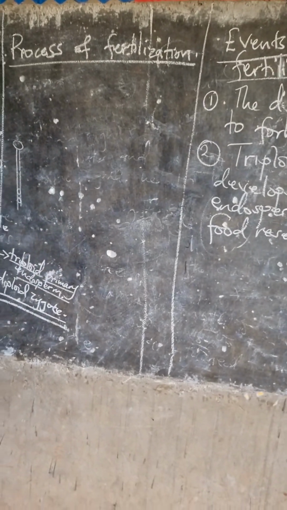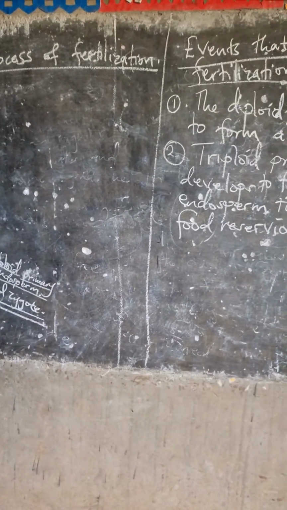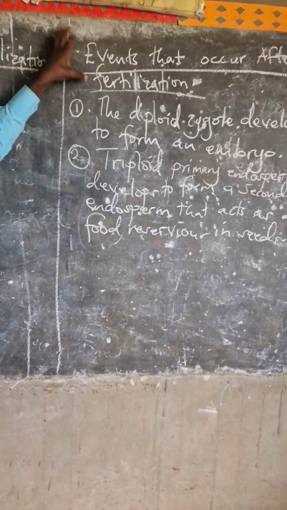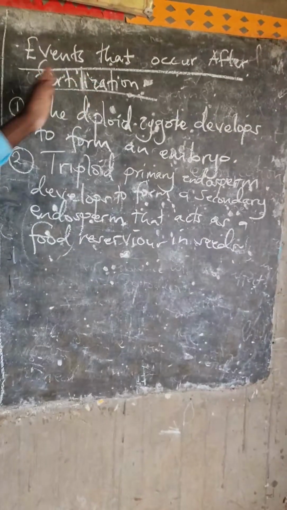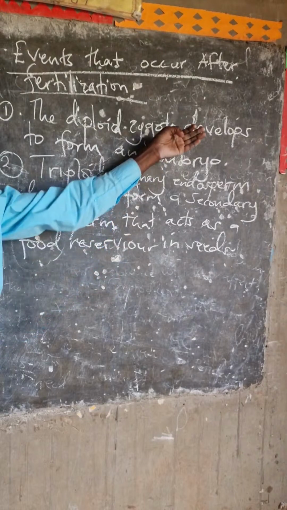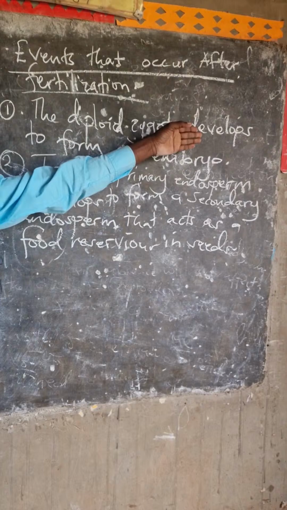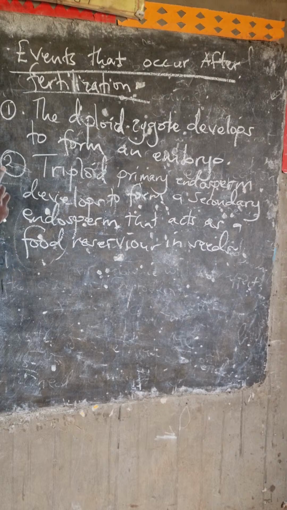There are more parts we didn't include. We may not need them at our level. And then we must know these events that occur after fertilization. We've said one, the zygote develops into an embryo. We are going to look at this in another topic we call growth and development. We very well know these points, these events.